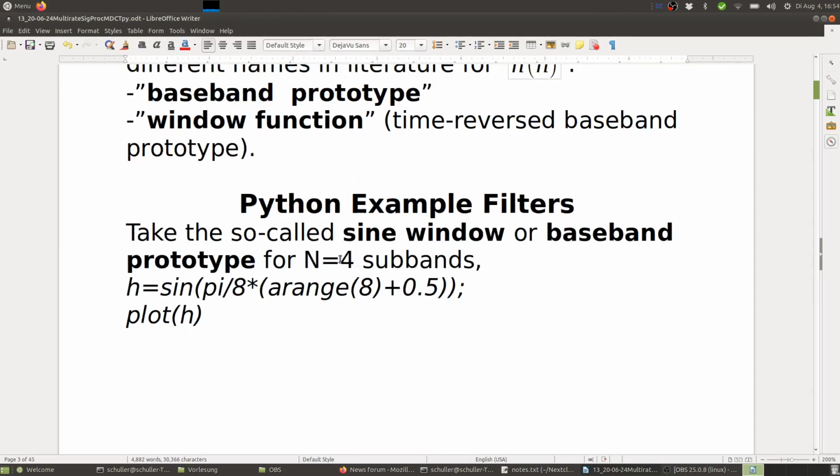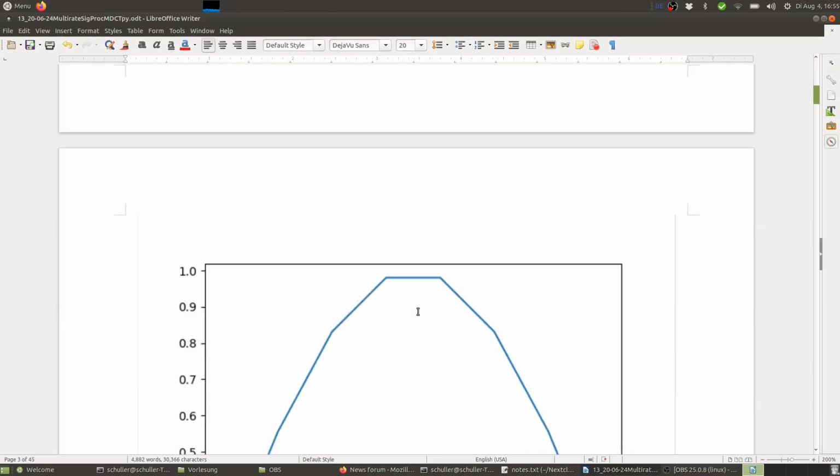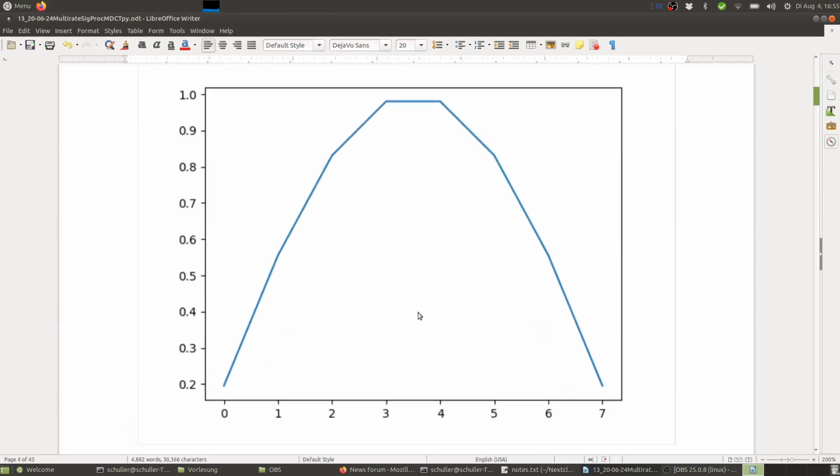Yeah, so here's a simple Python example. We use the so-called sine window or baseband prototype for capital N equals 4 subbands. And that means we get this window function, sine of pi over 8, so this is 2n, times arange 8 plus 0.5, so this is the lowercase n plus 0.5, and this is the resulting window that we get.